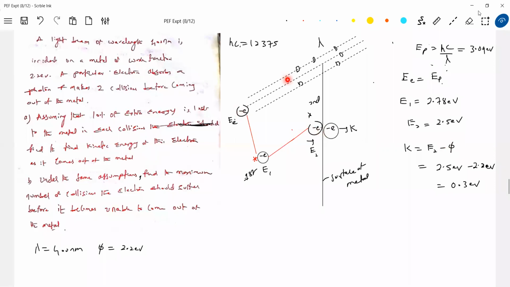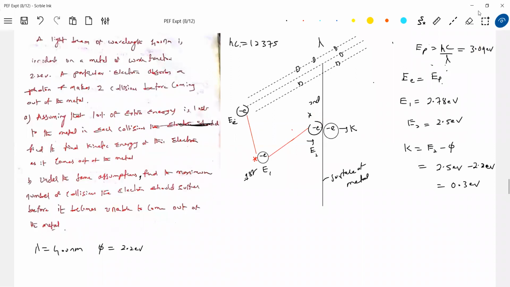First, the electron will interact with the photon and gain energy. Is all the energy from the photon transferred? This is hypothetical, practically not possible. Tomorrow's class, I will tell you what happens if an electron completely absorbs a photon. Partially it will absorb it, not completely. Let me assume completely here. Then it first absorbs the energy of the photon, then encounters collisions, and when it arrives at the surface, energy greater than the work function will come out. So don't subtract the work function first from 3.09, or you get into a problem. It will be wrong.